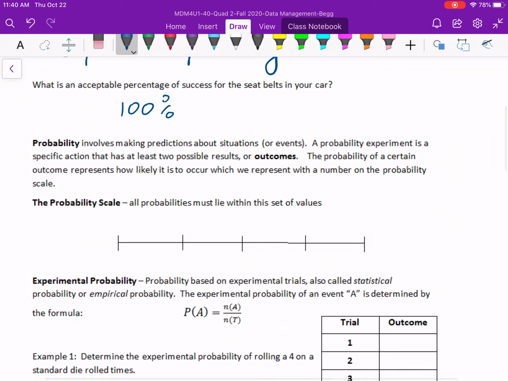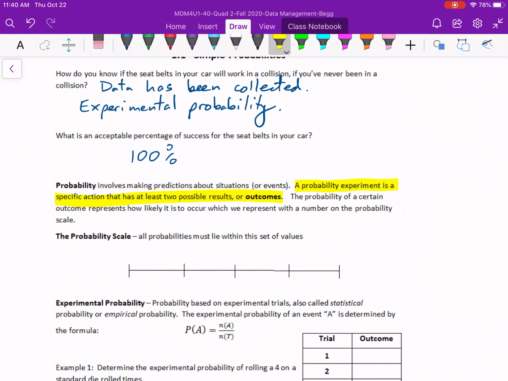So anyway, probability involves making predictions about situations or events. A probability experiment is a specific action that has at least two possible outcomes. And that's what I was just talking about above. So we could think of this previous example as a probability experiment that has two outcomes, survival or death.